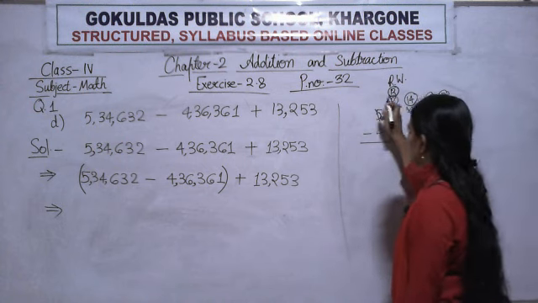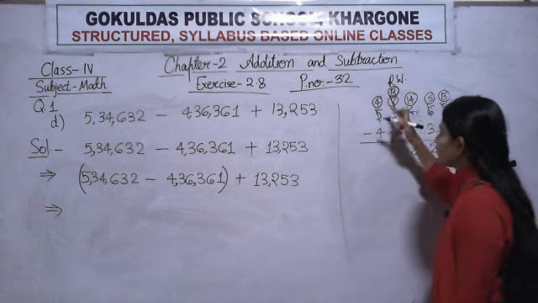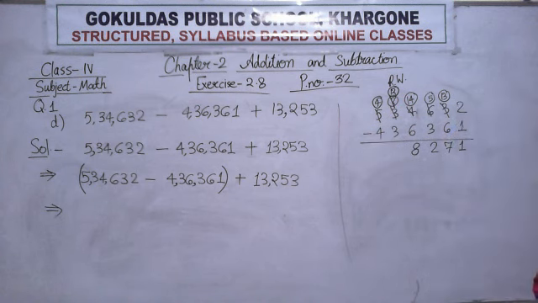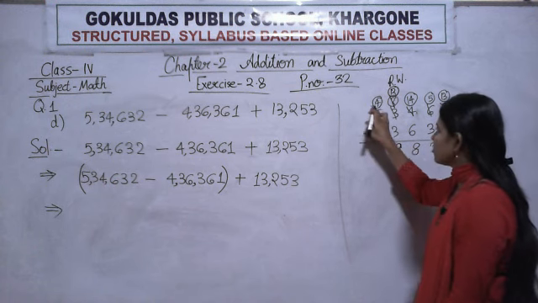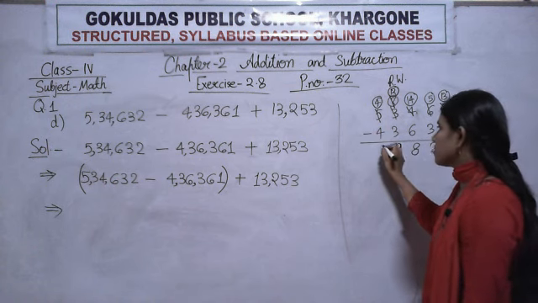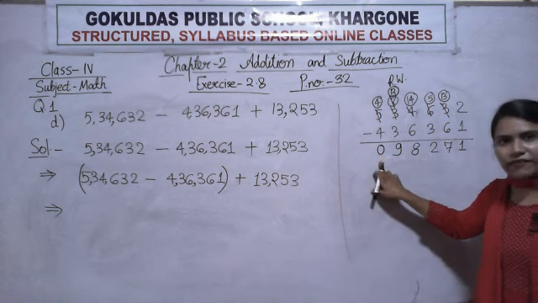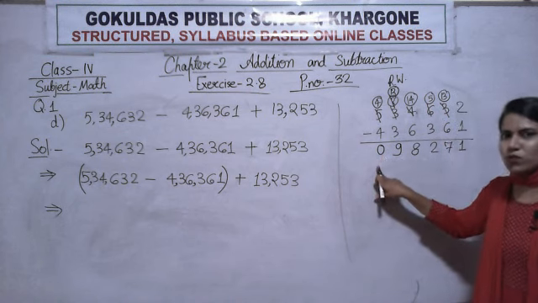This number has given borrow, so here only 4 is left. 12 minus 3. Now perform. 12 minus 3 is 9, and solve the last column. 4 minus 4 is 0. Okay, 0 is at the left side, so you can ignore this 0.